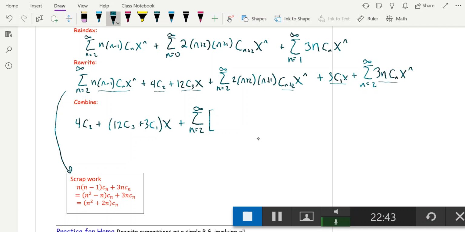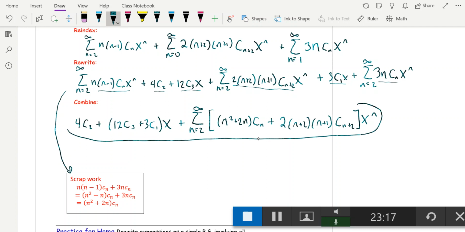Simplified that to n squared plus 2n. So n squared plus 2n Cn plus, then I'm going to write down this coefficient, 2 n plus 2 n plus 1 Cn plus 2. Then I close my bracket. All of that is times x to the n.